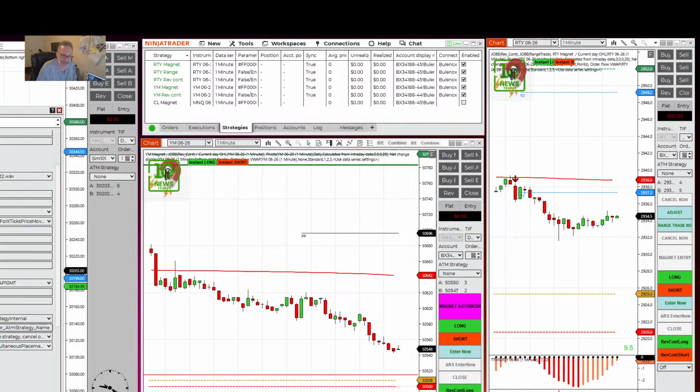If you want to take the trade from that signal, you have to program the ARS management. That programs the button. So position 1, how many contracts? Target 1, how many ticks? Position 2, if you want a position 2, target 2, how many ticks? That's how you program the ARS enter now button with ARS management.